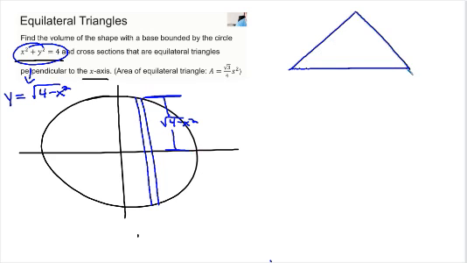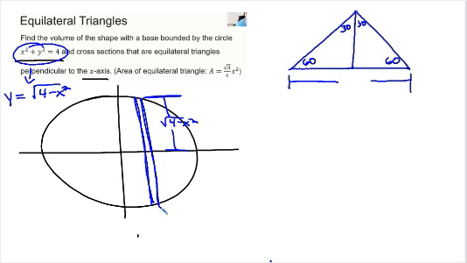So equilateral, all three sides are the same. This is a 60. This is a 60. When I cut this in half, each of these are 30s. All right? And the base down here is what is lying on the circle.